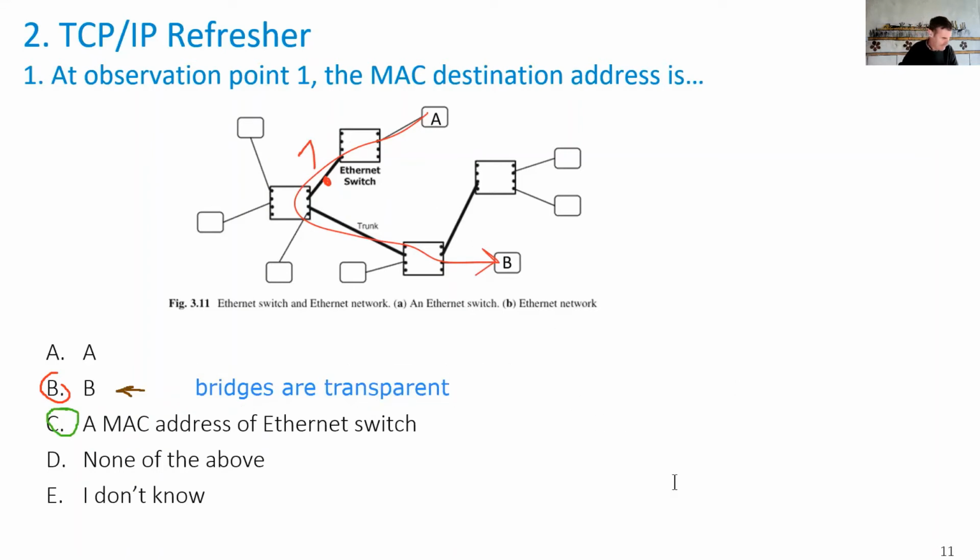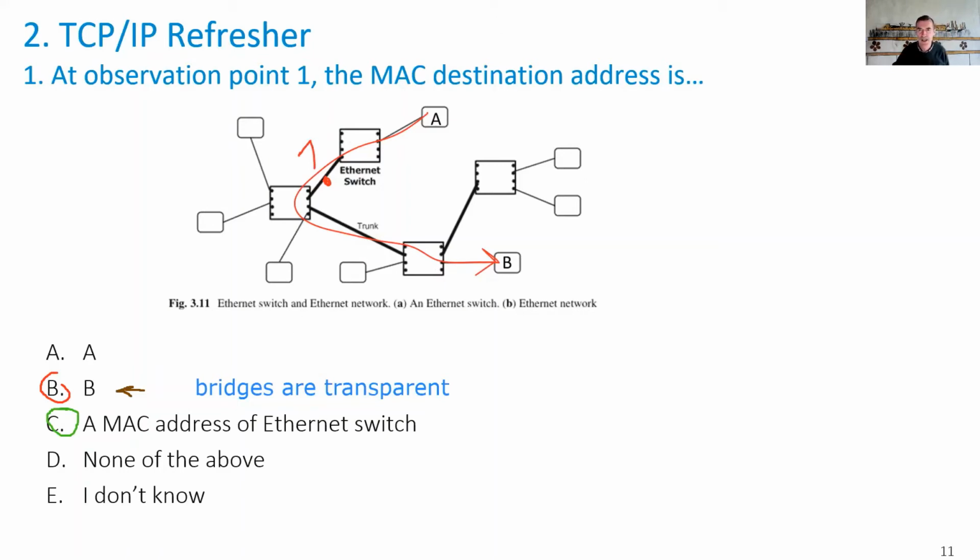So when A sends a packet, it puts the destination MAC address B, and since the switches are transparent, that's one way to recall things, you don't send the packet to the switch, you send the packet to B. The switch will take care of finding how to send it to B. We've seen that the switch will learn and will build a spanning tree. So this is how the switches will know that the packet has to be sent to B.